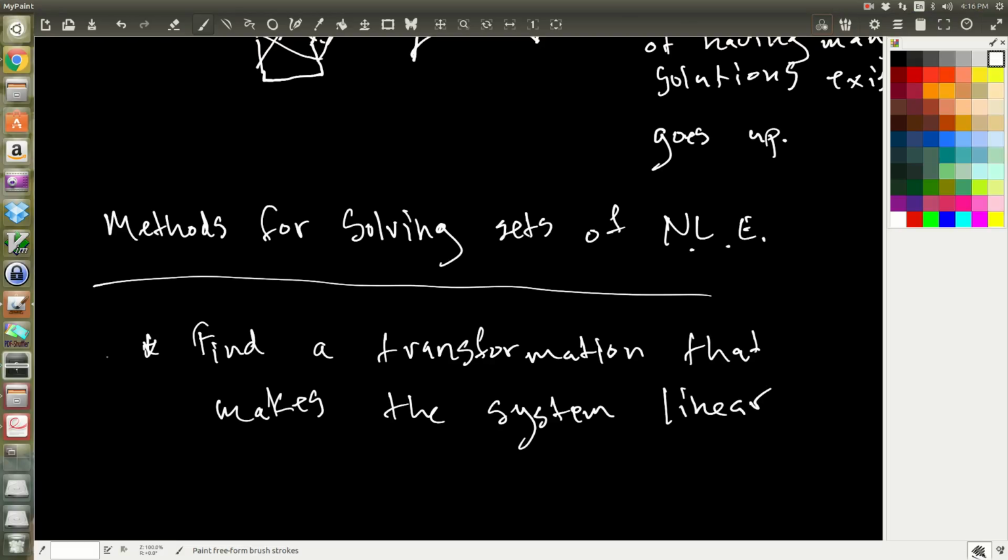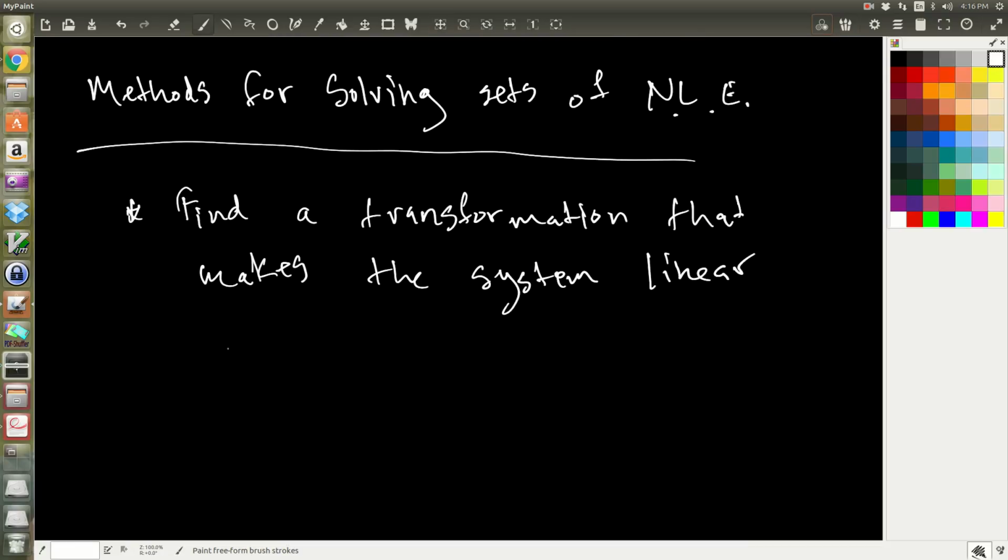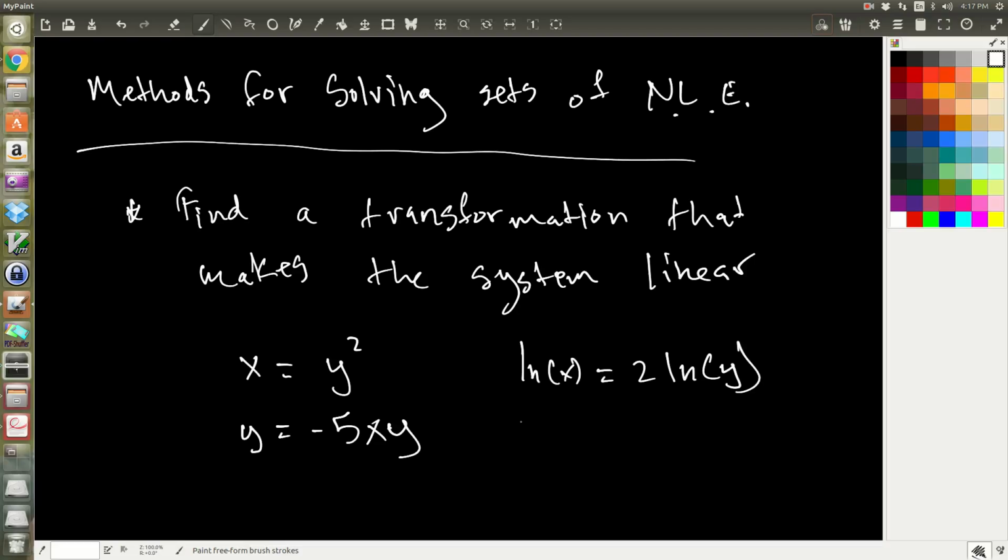Some equations that works. For example, if I had the system of equations that was x equals y squared and y equals minus 5xy, well, I could take the natural log of both sides, and then I would get the ln of x equals 2 times the ln of y, and then over here I'd have the ln of y would equal the natural log of minus 5xy.